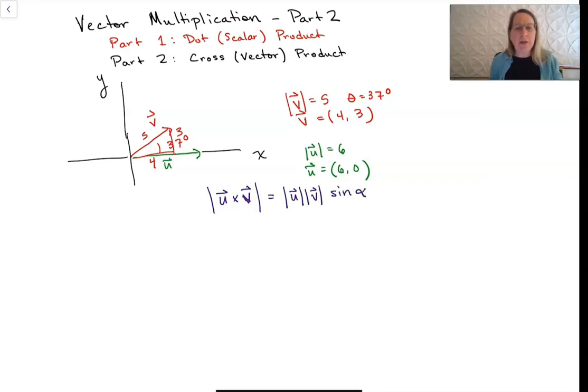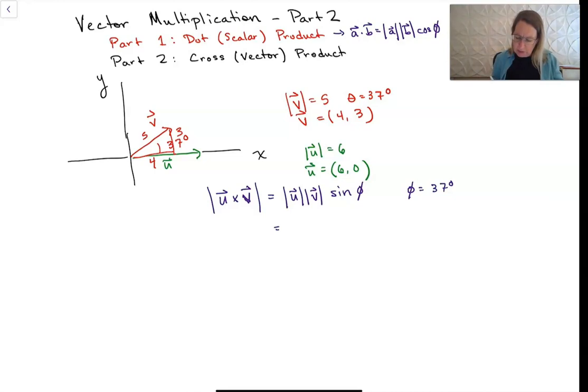The dot product, if you remember, was the magnitude of a, magnitude of b, cosine of the angle between them. Here, this is sine of the angle between them, and instead of alpha, I'll write that as phi. So in this case, phi is 37 degrees. That's the angle between both of them.